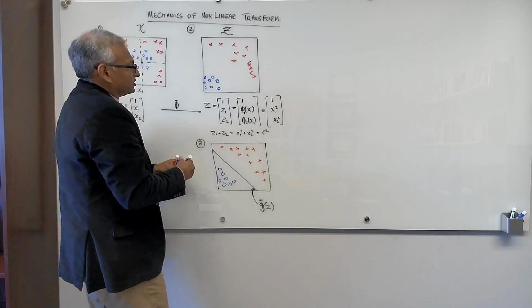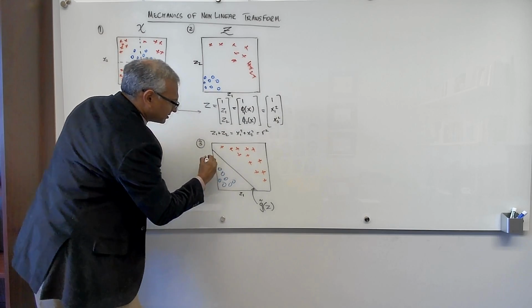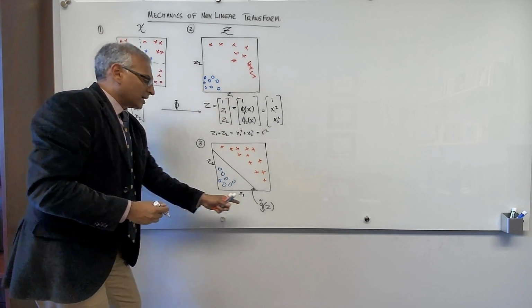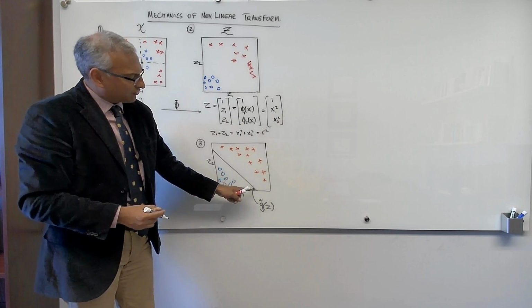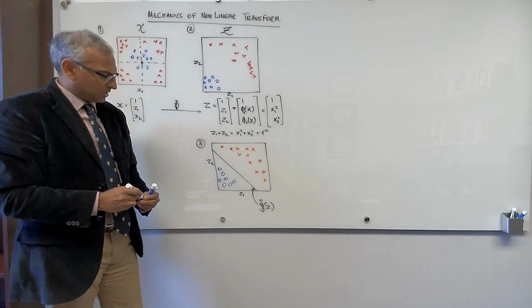So it takes in z1, z2, and of course the augmented one. If you're above this line, it outputs +1. If you're below the line, it outputs -1.